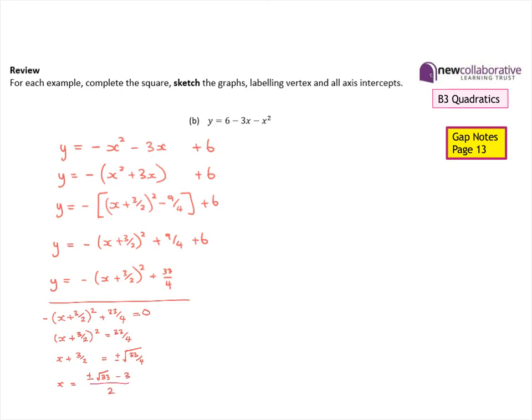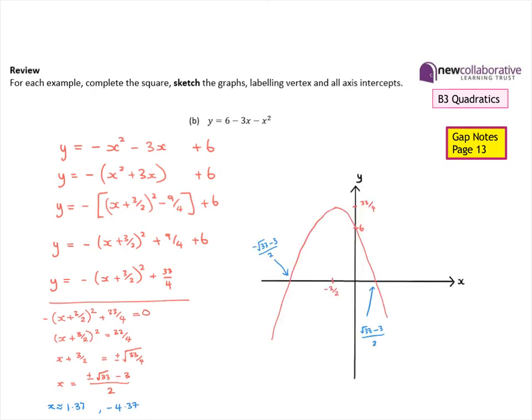Now for the purposes of drawing our sketch, we can use a calculator to see that the approximate values of x are x is approximately equal to 1.37 and negative 4.37. That's written to 2 decimal places.